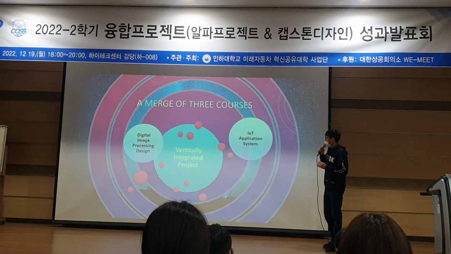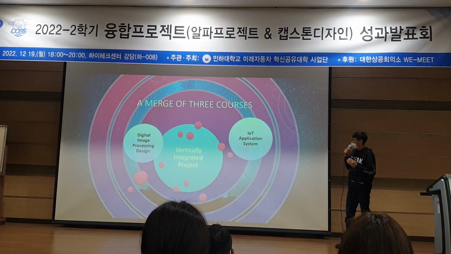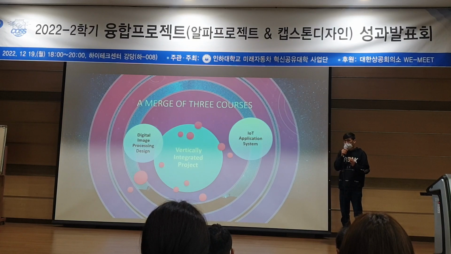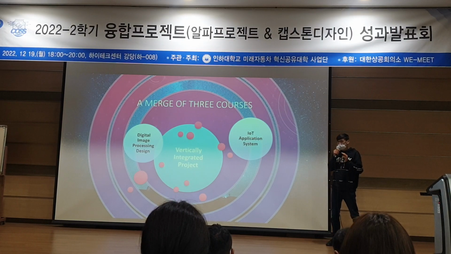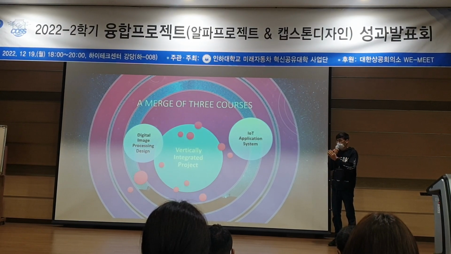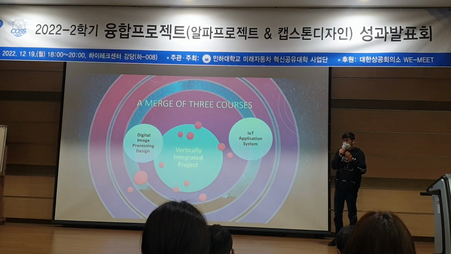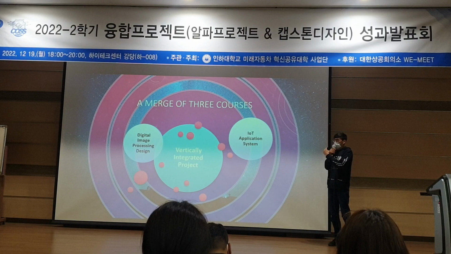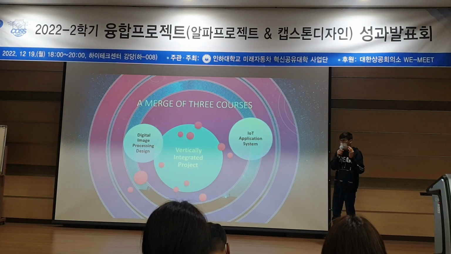Then the IoT application system course, in which we built a project using a Raspberry Pi with the camera fixed at a higher angle, for example for a mall or other university buildings. It counts how many people entered the building and how many people left, and it saves the data in CSV format all the time.